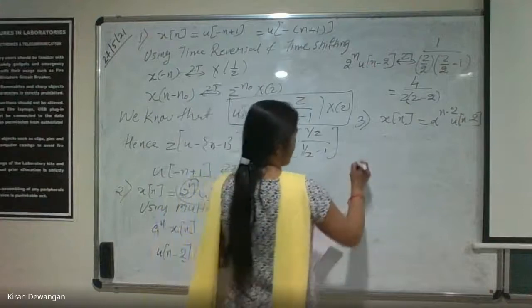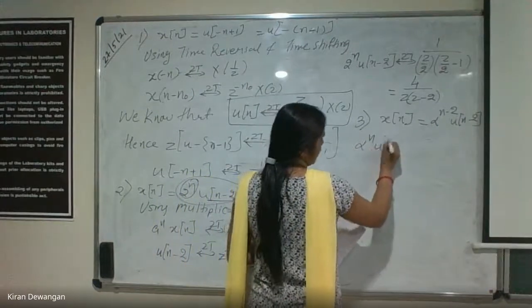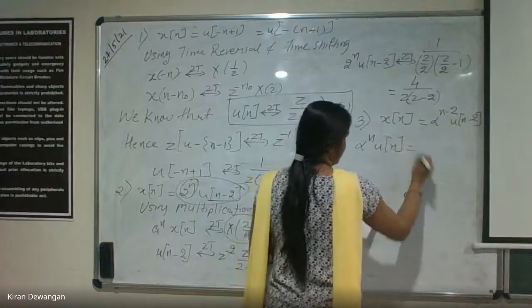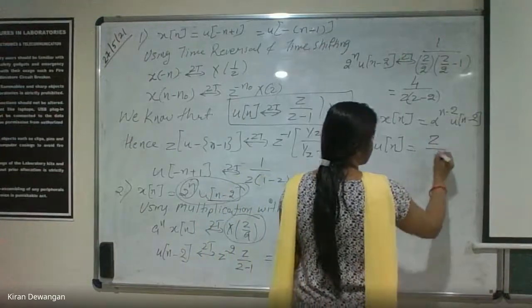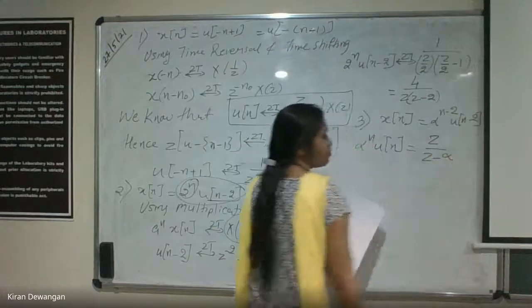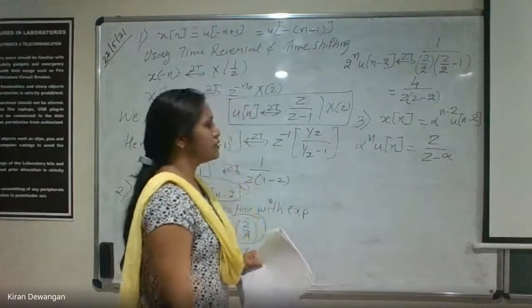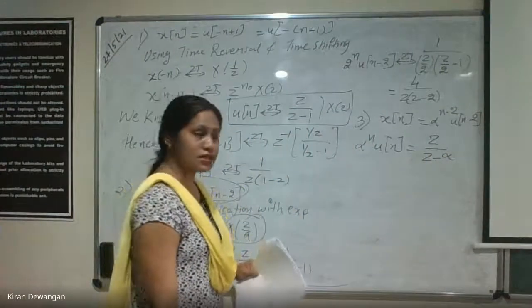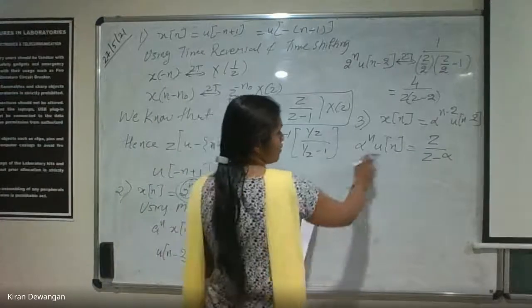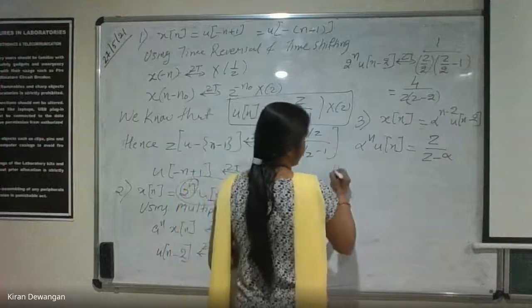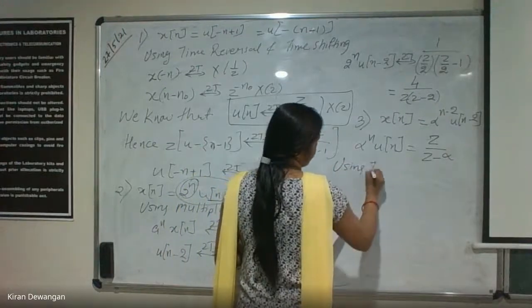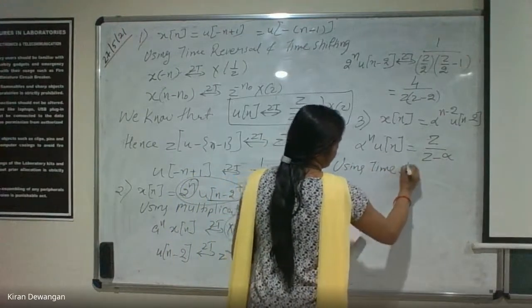Now we know that if it is just alpha to the power n u of n, this would have been z by z minus alpha. So to this we will apply time shifting.